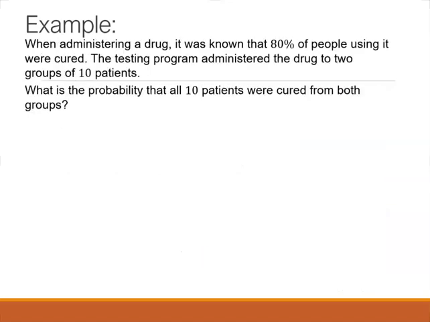Okay. Let's do another example. When administering a drug, it is known that 80% of people using it were cured. The testing program administered the drug to 2 groups of 10 patients. What's the probability that all 10 patients were cured from both groups? Okay.